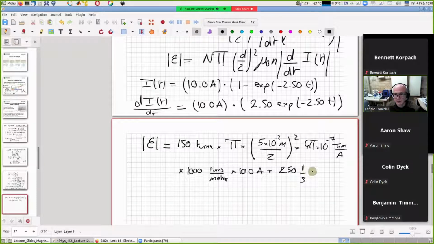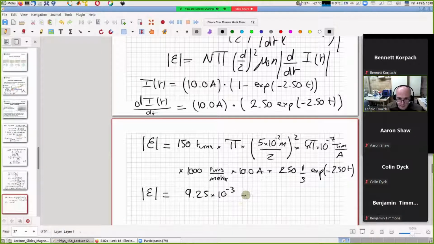Times exponential of minus 2.5 t. I can calculate all of this and I will obtain 9.25 times 10 to the minus 3 exponential of minus 2.5 times time, volt.